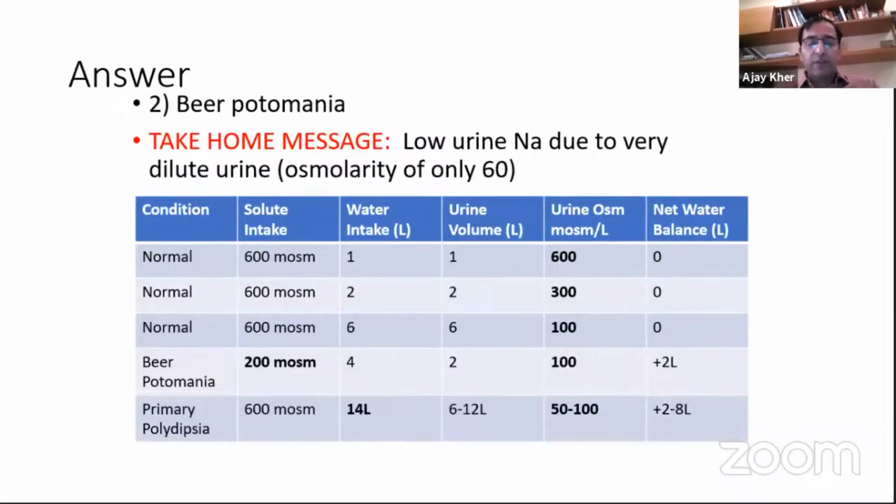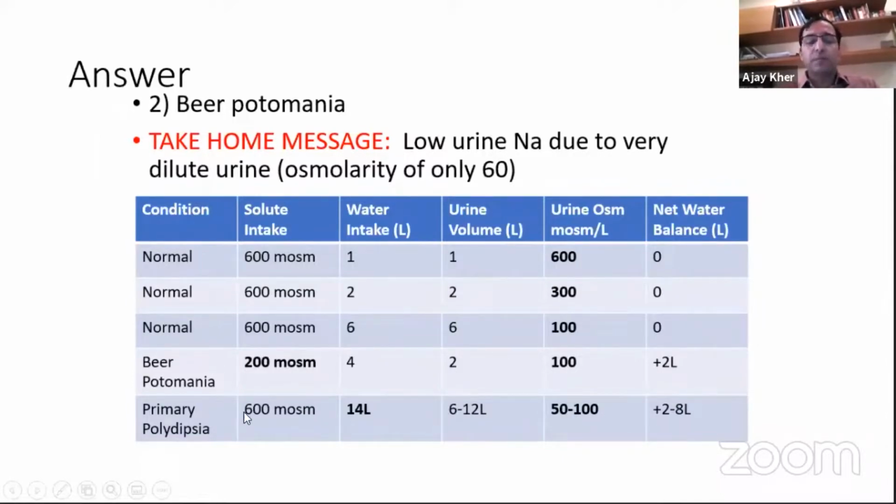In case of primary polydipsia, the solute intake is the same, but the water intake will have to be massively high, somewhere in the 14 liter range. The urine osmolarity would be in the 50 to 100 range. If it is 50, the person would be able to excrete 12 liters. If it is 100, they'll be able to excrete 6 liters. So based on how low the kidney can go, you will have a positive balance of 2 to 8 liters.